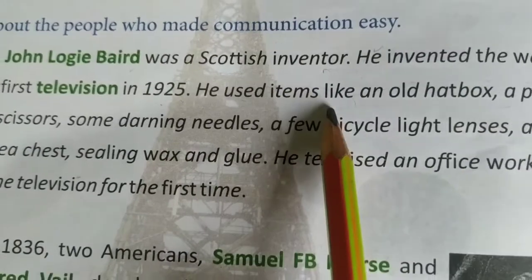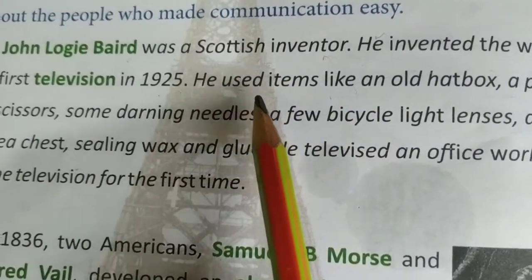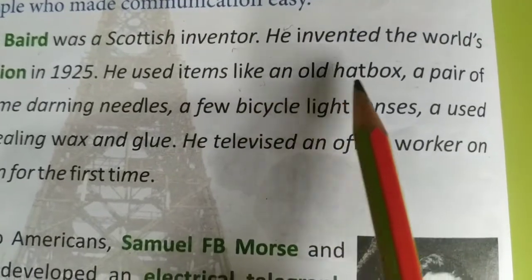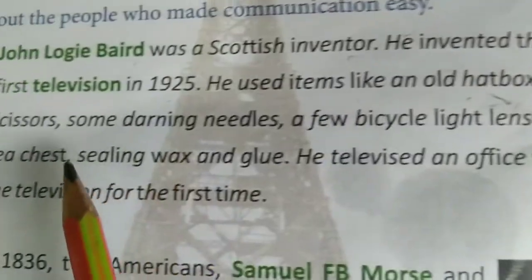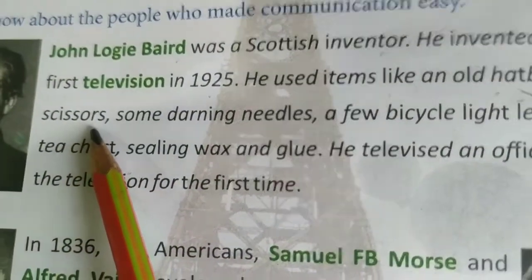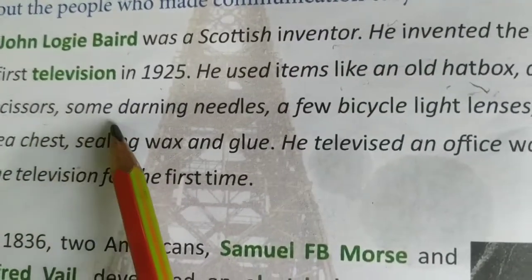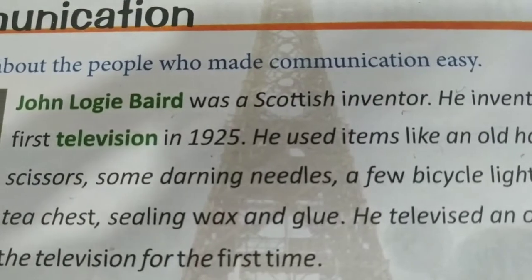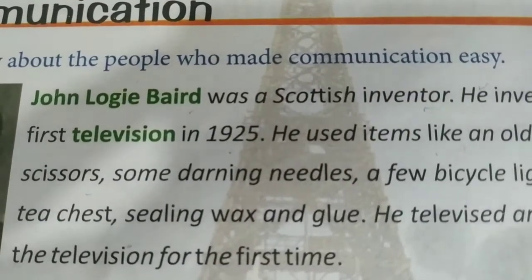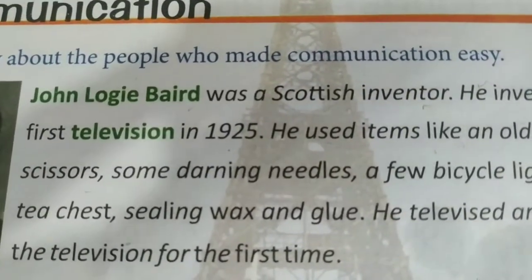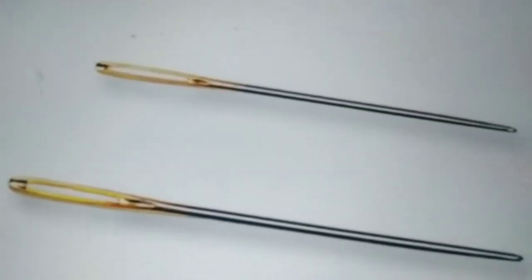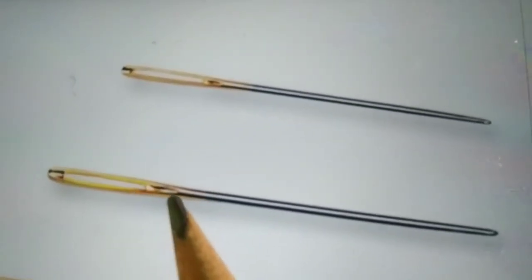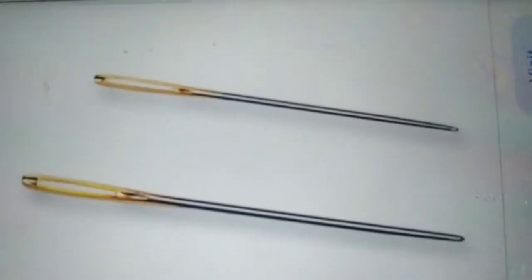He used items like an old hat box, a pair of scissors, some darning needles. Now, darning needles are long needles with a big eye, a big hole. So he used this.